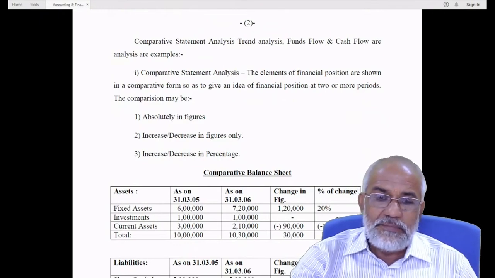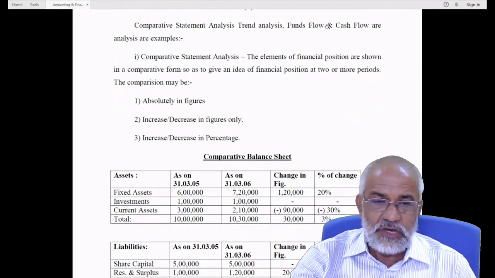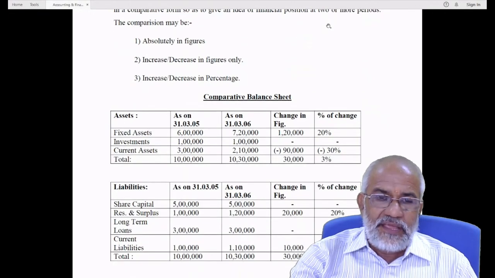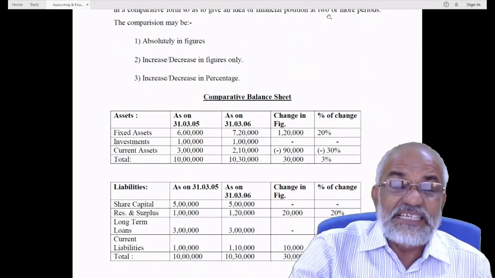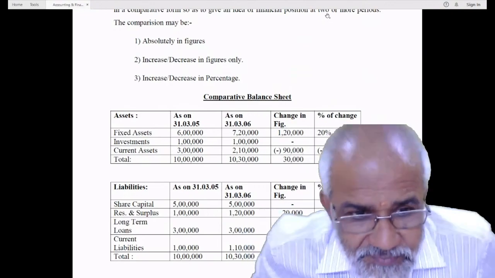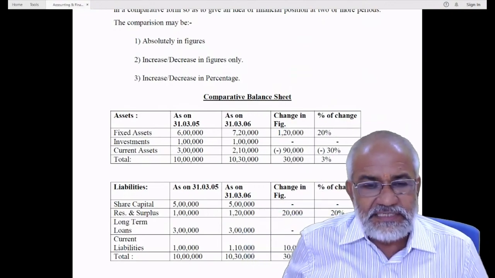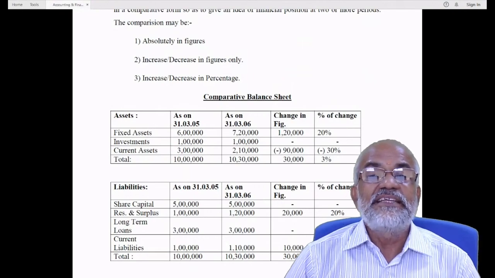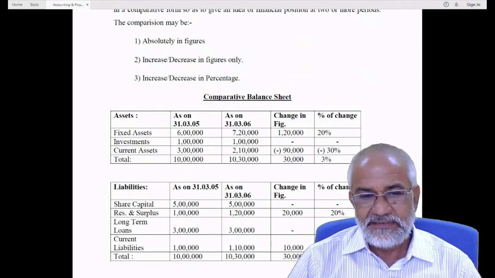When we talk about the comparative balance sheet analysis, you can look at the figures given in the slide. Here, we can look at the assets first. It is fixed assets, then investments, then current assets. There are three categories of assets given here.